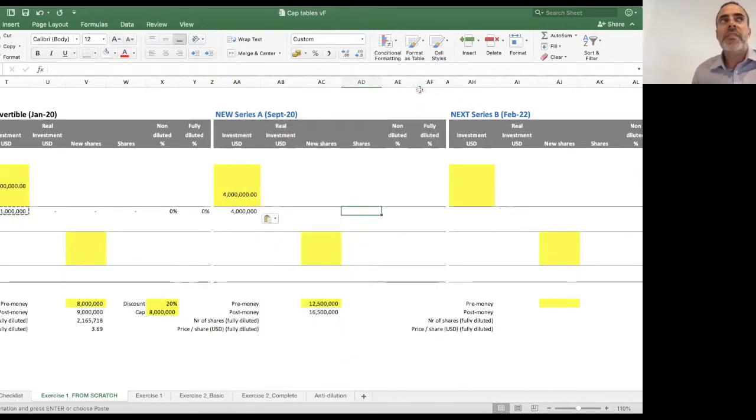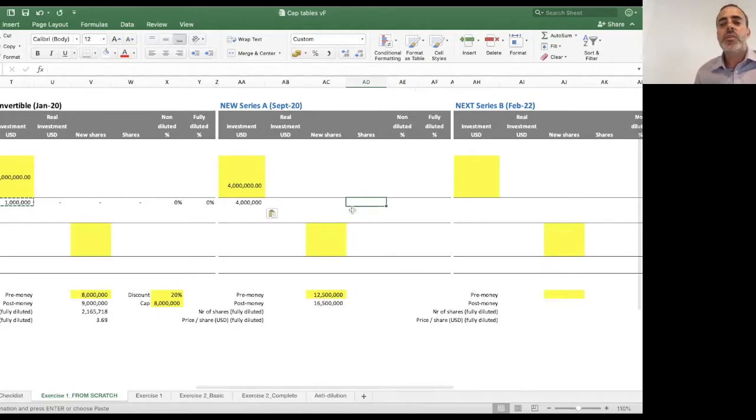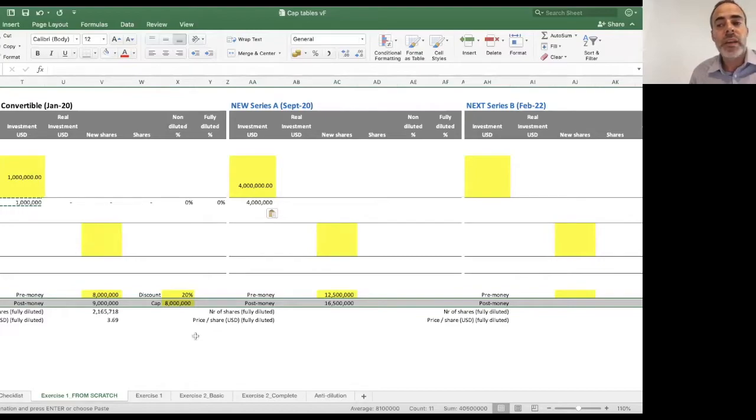But if I am taking into account the entire round, the post money could be calculated as 12.5 plus 1 plus 4. You're right. But consider that in this case, the post money valuation I'm not using for any of the calculations.